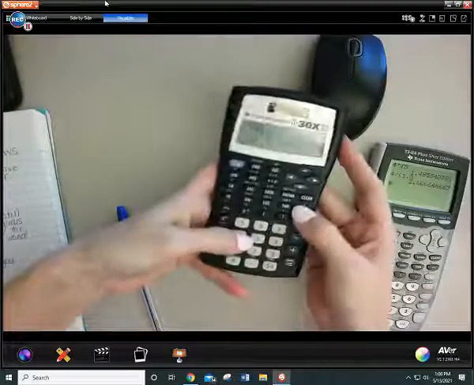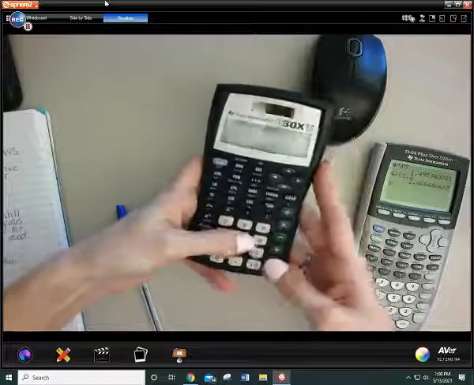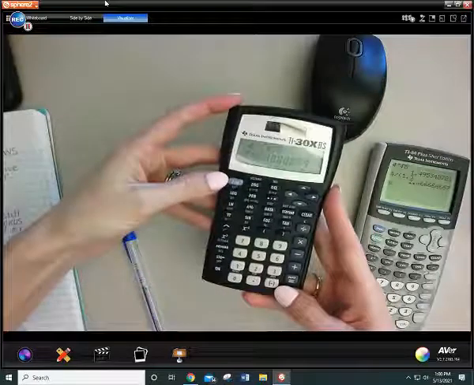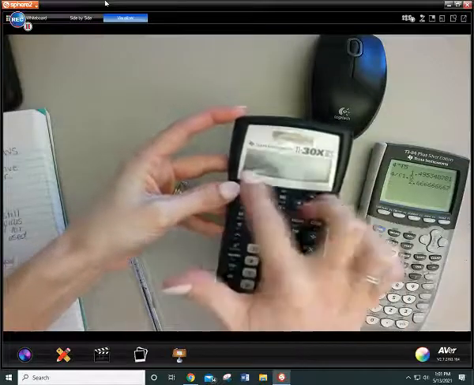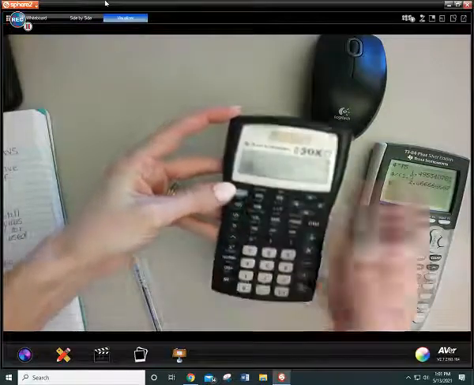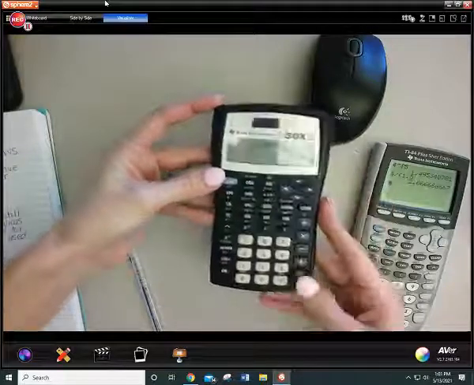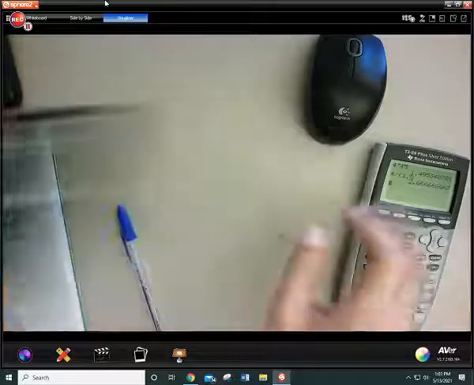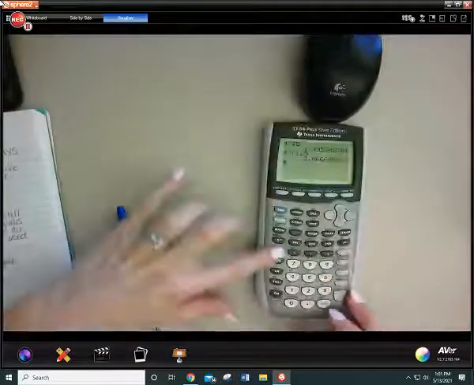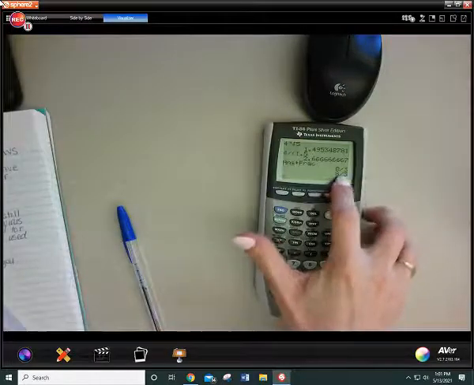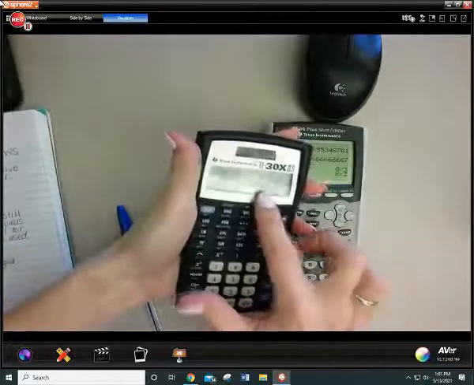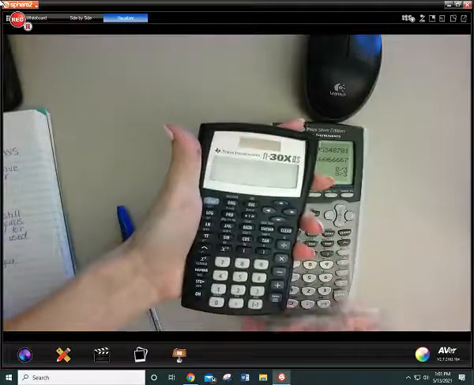4 divided by 1.5. Oh, I typed 4.5. Okay, so there's 2.666667. I can hit, and I can get 2 2/3. Those of you that have a grapher like this, you would say math, fraction, enter, enter. 8/3 is the same as 2 2/3.